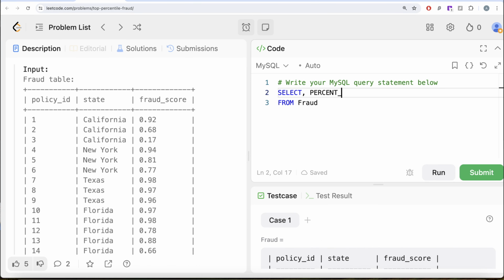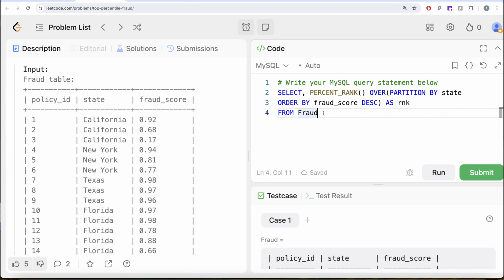It is called percent rank, and we need this for every state, so partition by the state, and we want the highest score to be on top, so order by fraud score in decreasing manner, and let's alias this as rank.